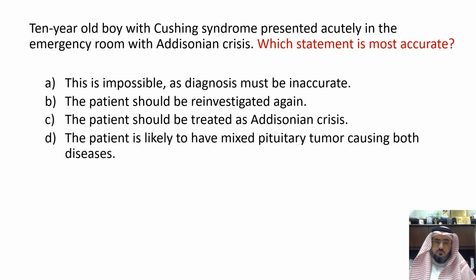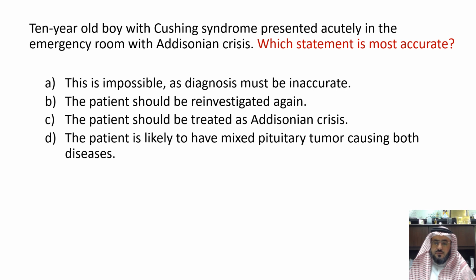A, this is impossible, so the diagnosis must be inaccurate. This is false. The patient should be reinvestigated again. Might be, but we are sure the diagnosis of Cushing syndrome was true. B, the patient should be treated as Addisonian crisis?